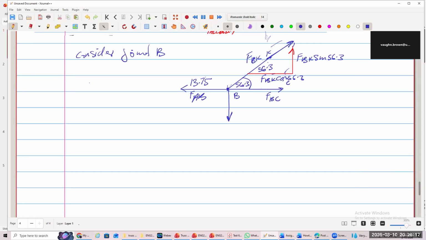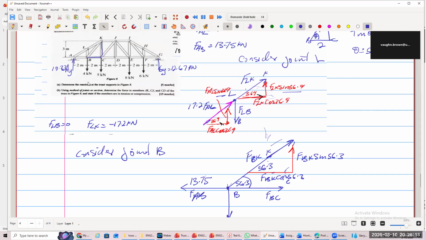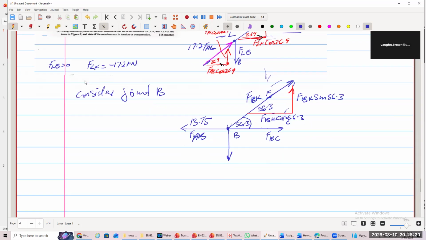Now let's apply our equilibrium equation. We need to see which one is advantageous for us. We have the one coming down, which was 4 kilonewtons. We're going to do the y first because we have 1 known and 1 unknown. So that is advantageous.